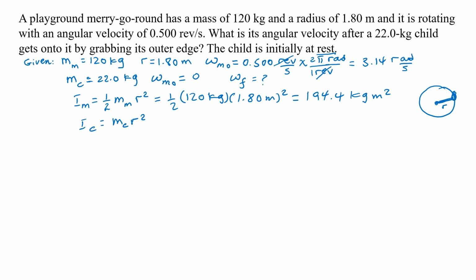Now the axis of rotation is away from the point mass, therefore we use m r squared. And the child's mass is 22.0 kilograms multiplied by the radius, which is 1.80 meters squared. That's equal to 71.28 kilogram meter squared.